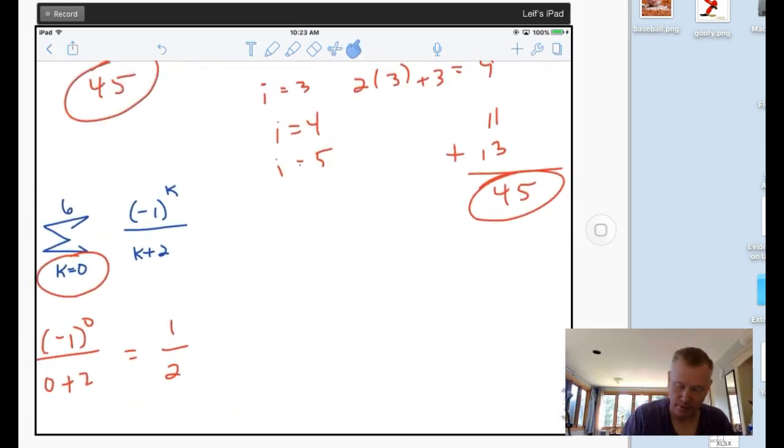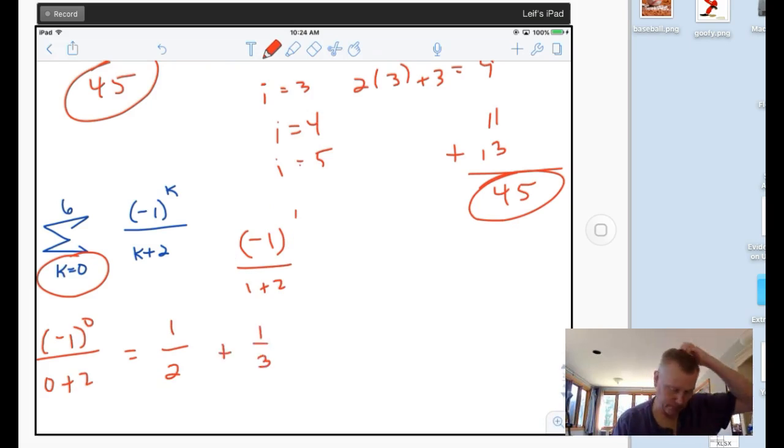And if I plug in my second number, I get -1 to the first over 1 plus 2, which gives me 1/3.